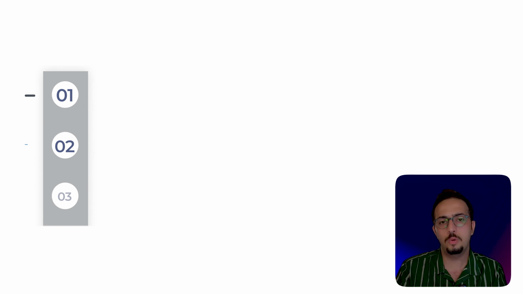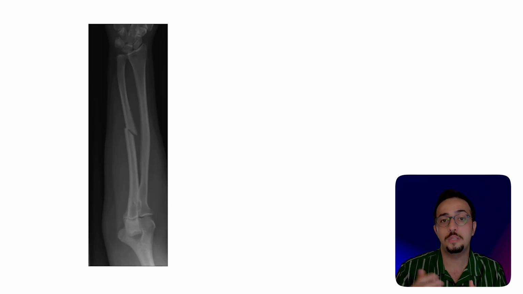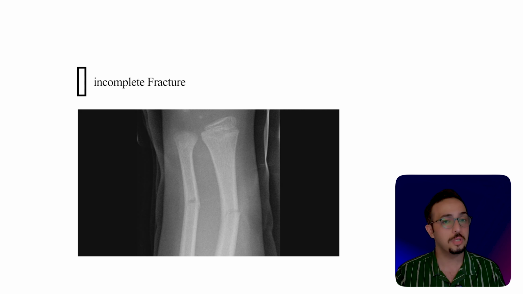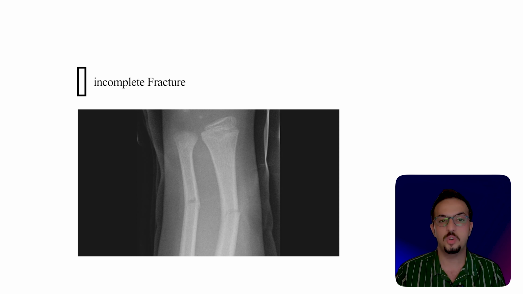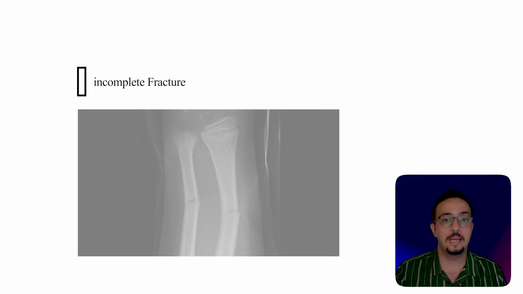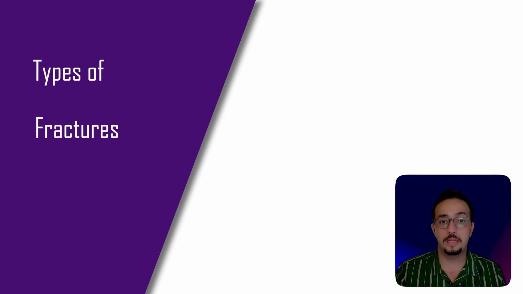When a bone breaks all the way through into two or more pieces, that's what we call a complete fracture. But sometimes, especially with kids, you might see an incomplete fracture, where it's like a crack but not a total break. And now let's talk about comminuted fractures.